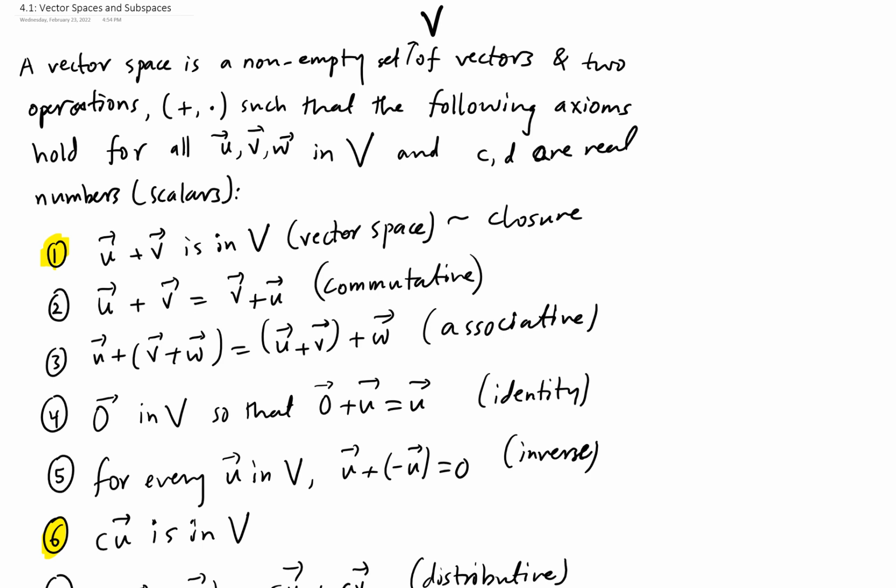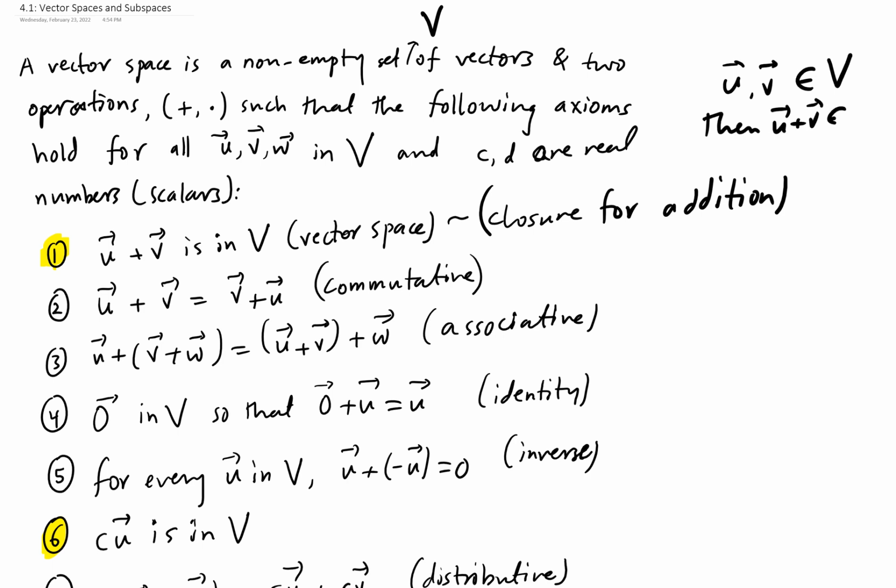Number one, u plus v is in capital V, the vector space. This is called closure for addition. This means if you pick any two vectors u and v in capital V, then their sum will still be in capital V. That's the first axiom.